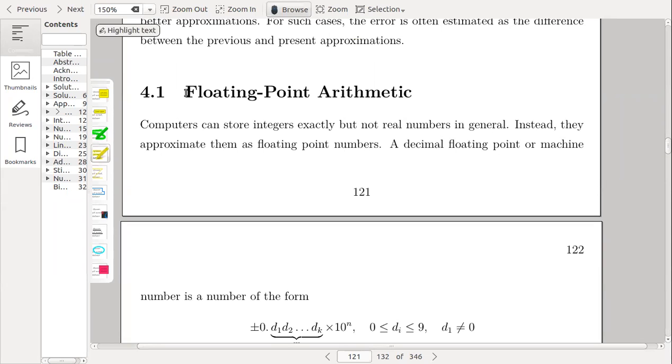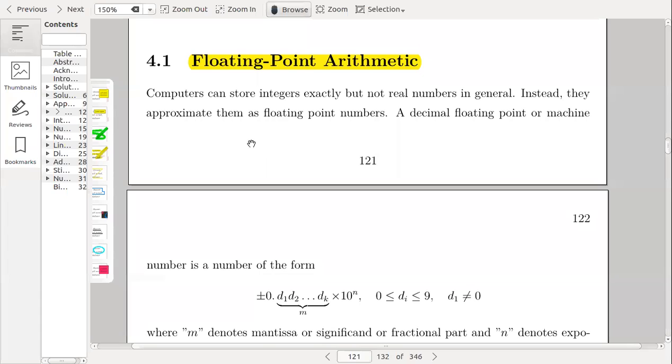The next topic is floating point arithmetic. The problem behind floating point arithmetic is that computers can store integers exactly but not real numbers in general. So instead they approximate them as floating point numbers.